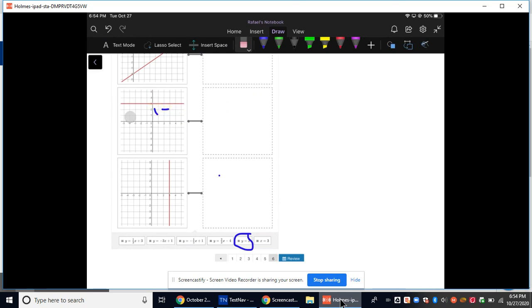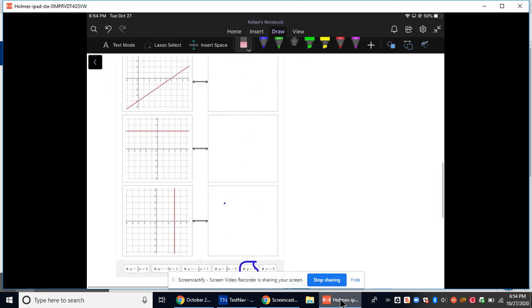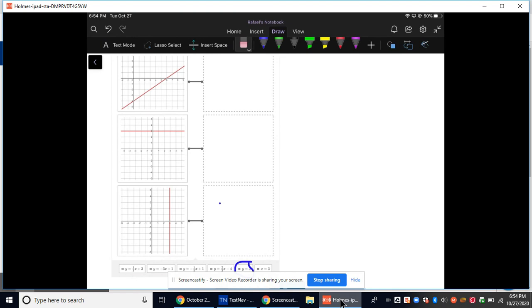All right, let's check this one on the top. Now, when you have a regular graph, first thing you want to do is find your y-intercept, right? So if y equals mx plus b, we're looking for that y-intercept, which is our b, and I can see it right here, right?